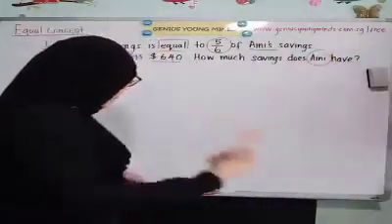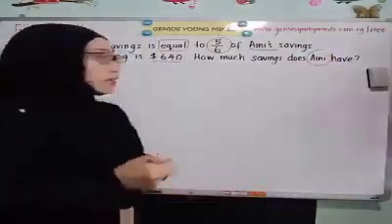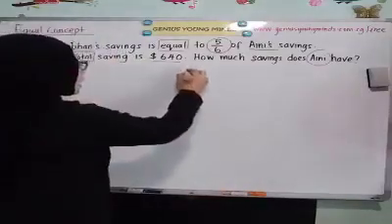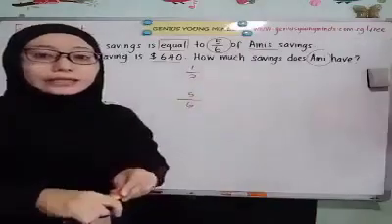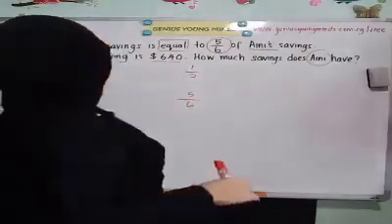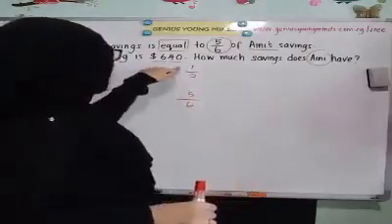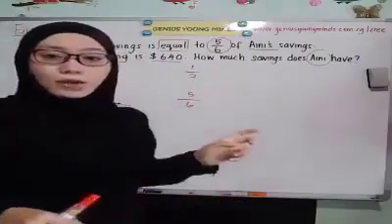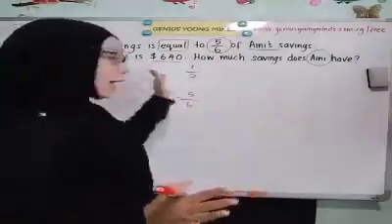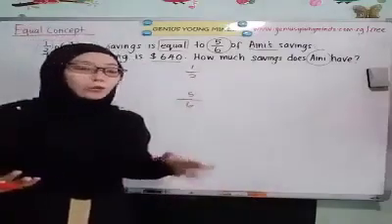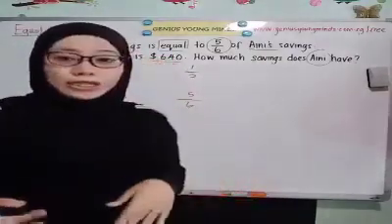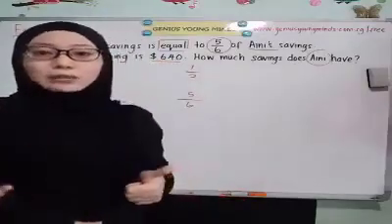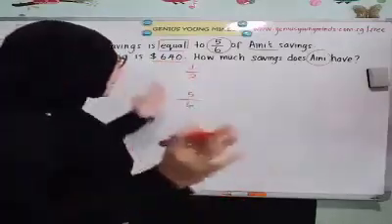Before I start drawing the table, I want to tell you about the fractions, half and 5/6. The question mentioned that half of Jihan's saving is equal to 5/6 of Aini's saving. We have to figure out which of the numerator or the denominator is the portion and which is the total. Listen properly.